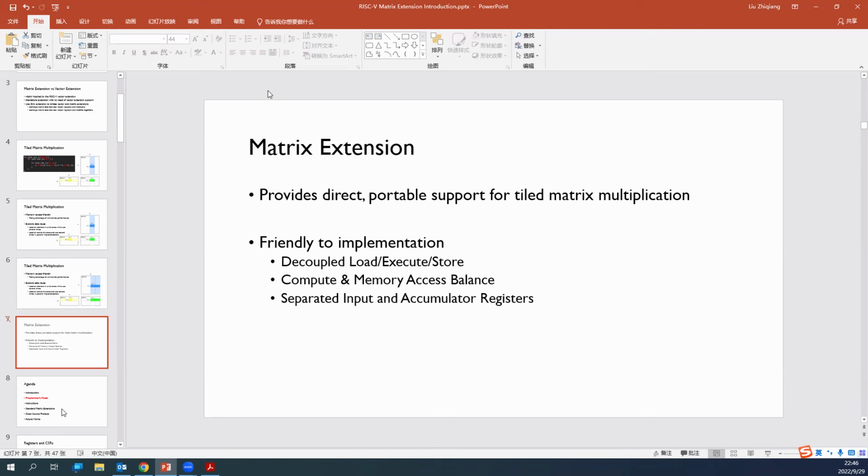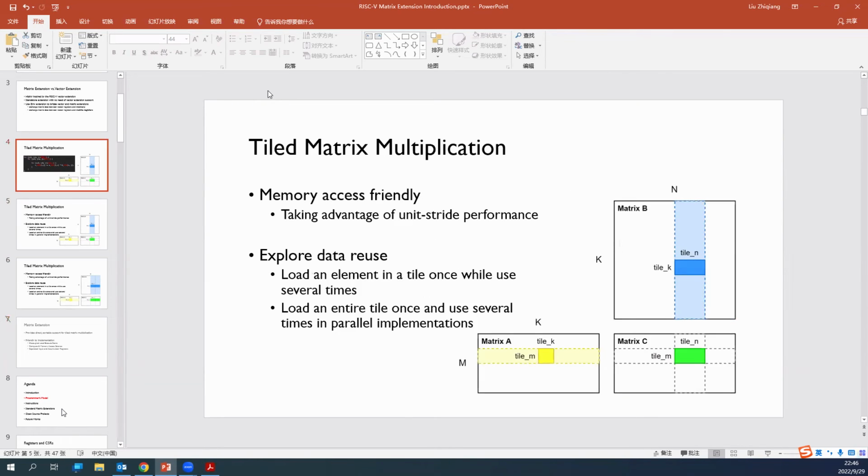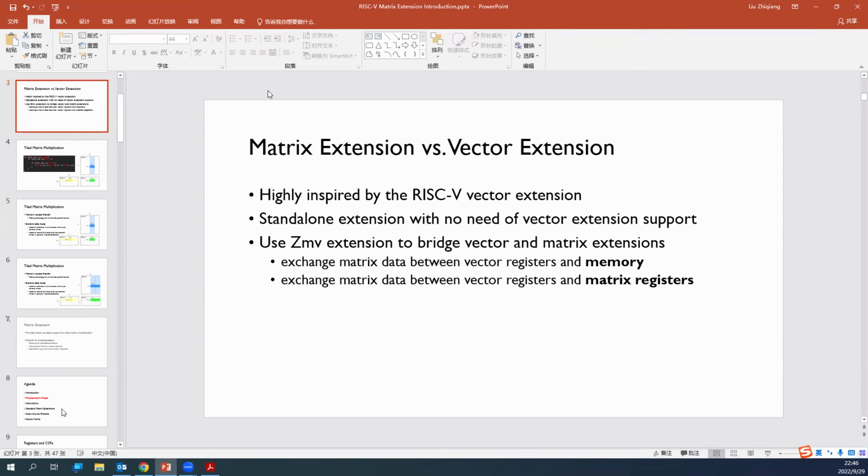So when you do the vset, the set vtype, the instruction itself will tell you the maximum that it could grant, and then the software can use this for traversing the vector or the matrix.